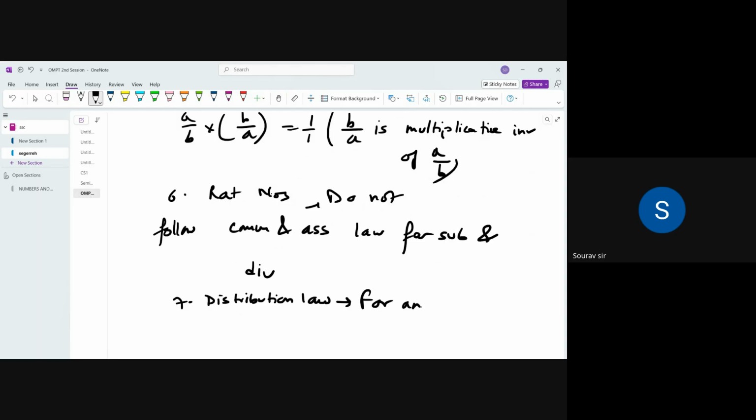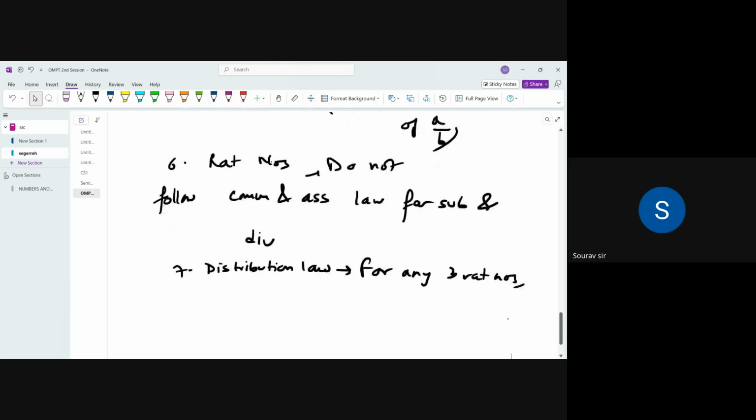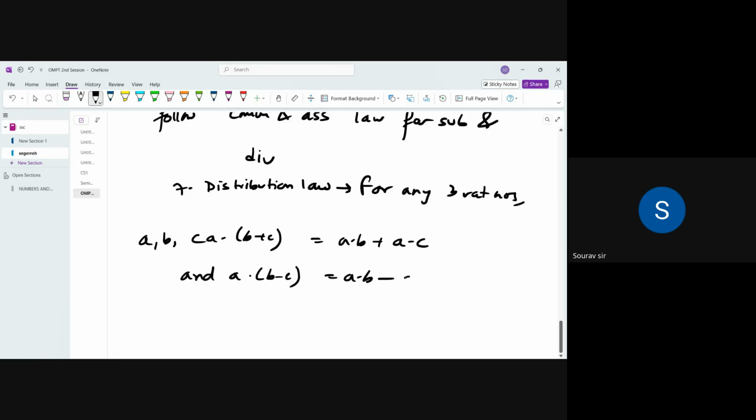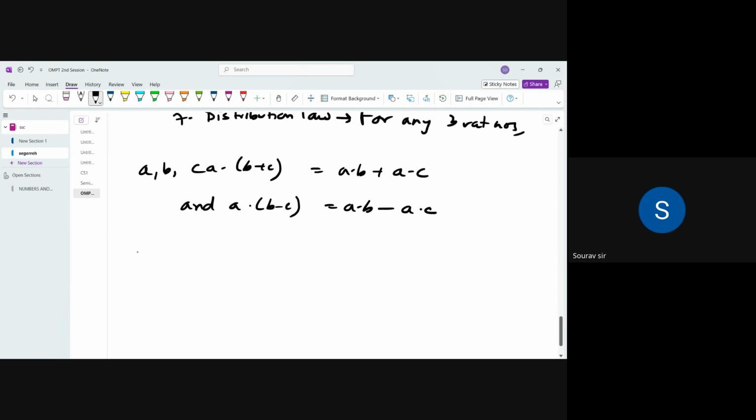For any three rational numbers, say A, B, C, A times B plus C equals AB plus AC, or say A times B minus C is equal to AB minus AC. Okay.